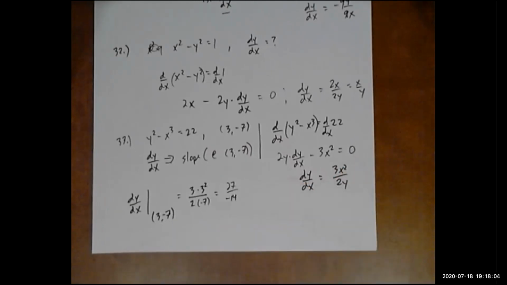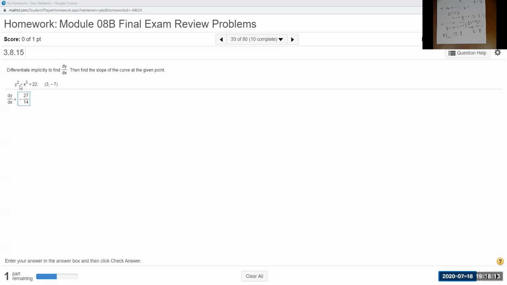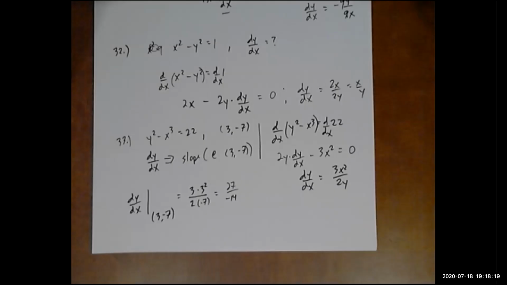y cubed minus... let's make sure I wrote down the equation right, sometimes people write it down wrong. y squared minus x cubed equals 22 at (3, -7). Write that here. Take the derivative of both sides. This is 2y dy/dx minus 3x squared equals 0.